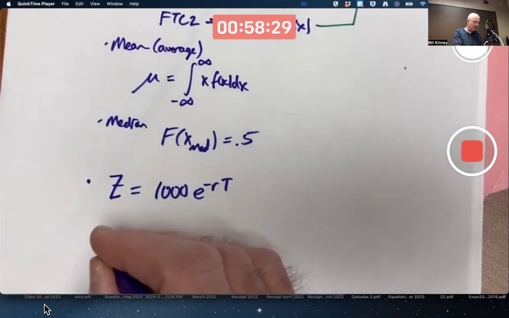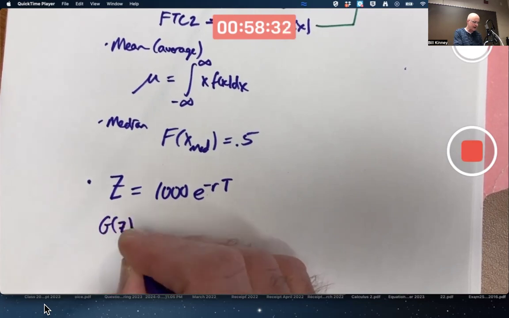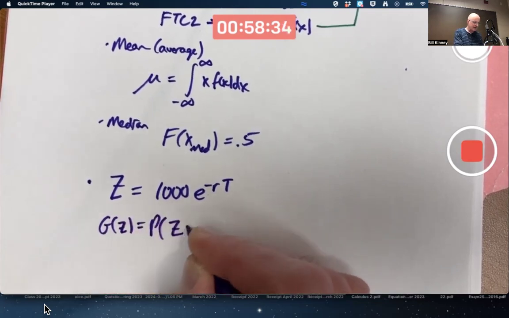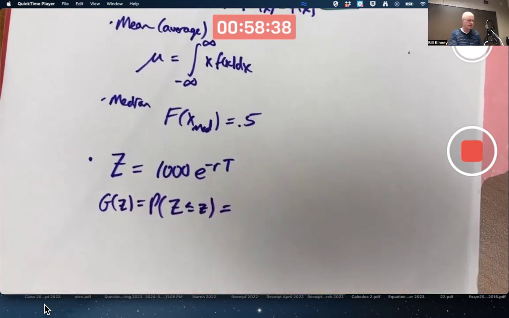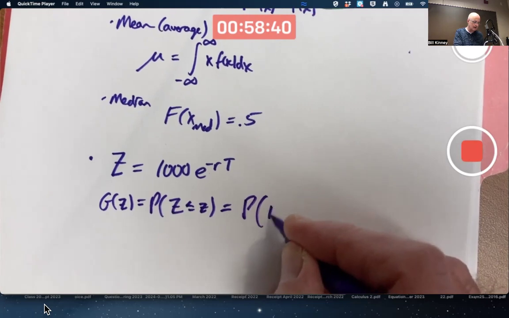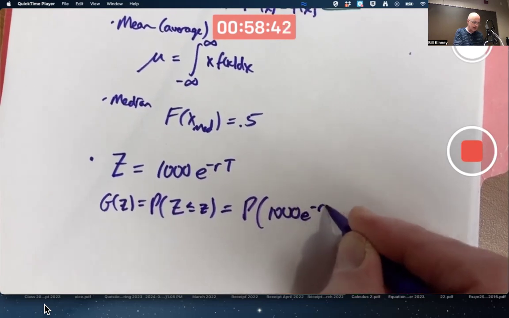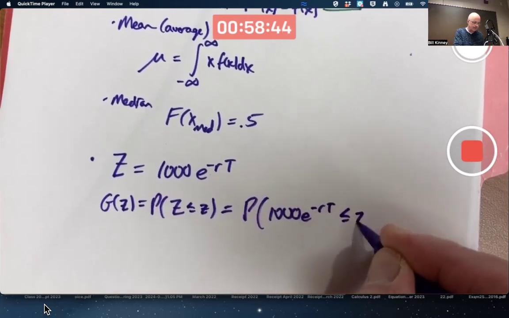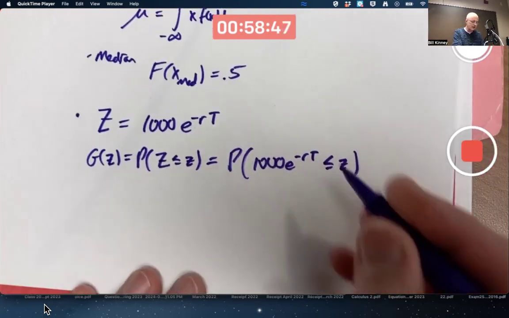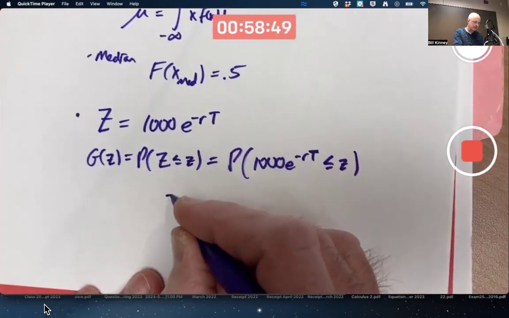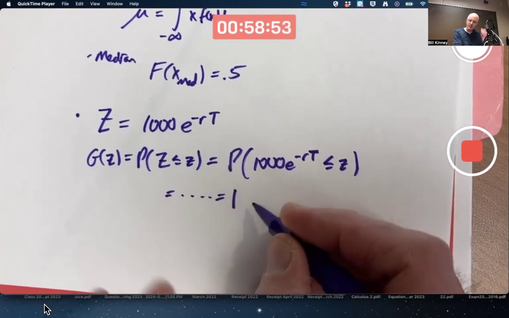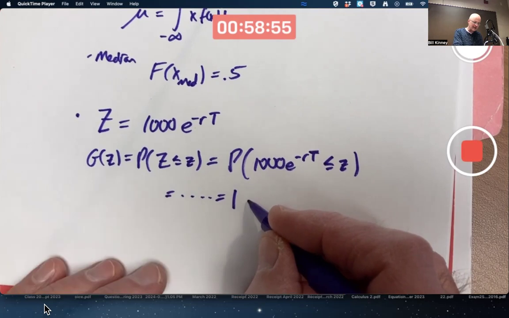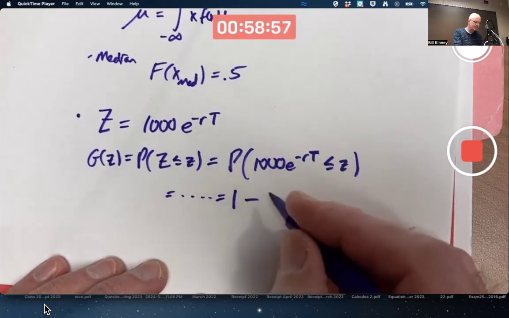And our goal was to find information about Z, first by finding its CDF. It was called the CDF method. And just a real quick calculation here. You have to solve this inequality for capital T. And in the end, what you end up getting, using the fact that probabilities have to add to 1, the inequality changes direction once.